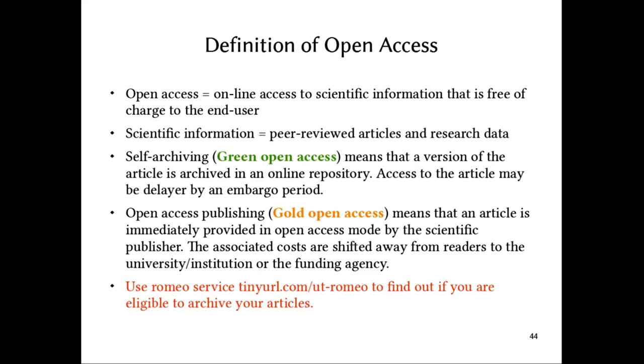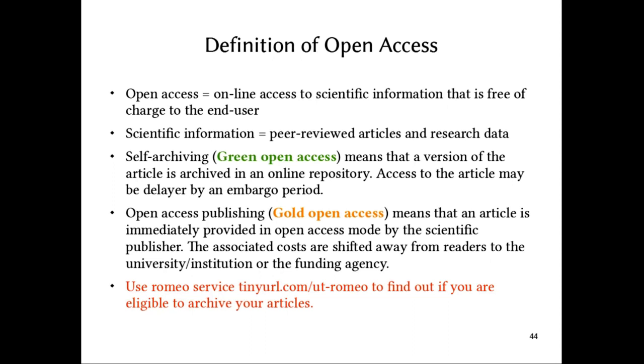And open access could be of several types. Green open access means that a version of your article is archived in an online repository. It could be the university repository, some internationally recognized repository like arXiv, or even ResearchGate.